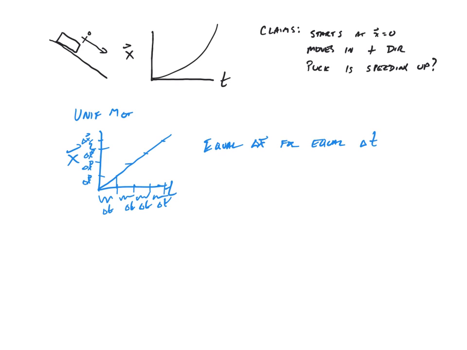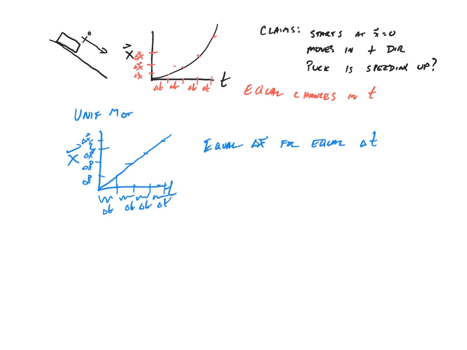But if you look at this graph, on our position time graph, let's pick equal changes in time. So here's delta t, delta t, delta t, delta t. For equal changes in time, what happens to the change in position? Let's take a look. We have something like that, and something like that, and something like that.